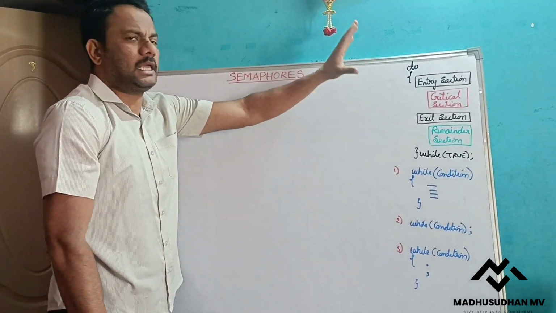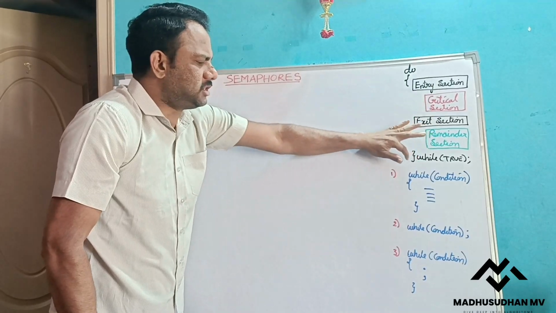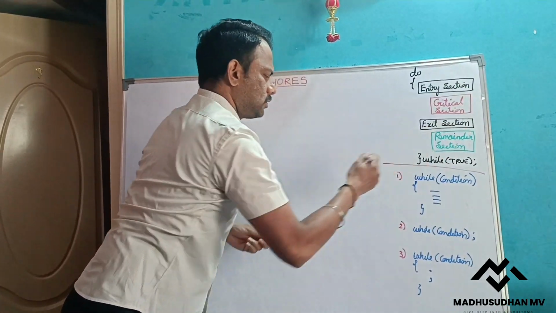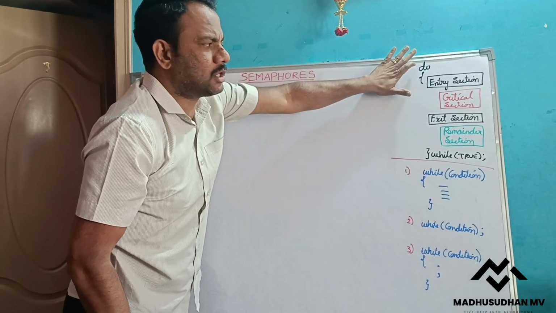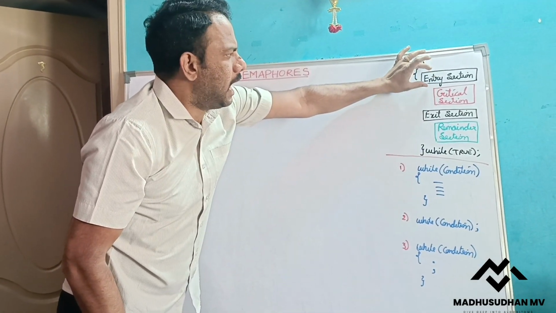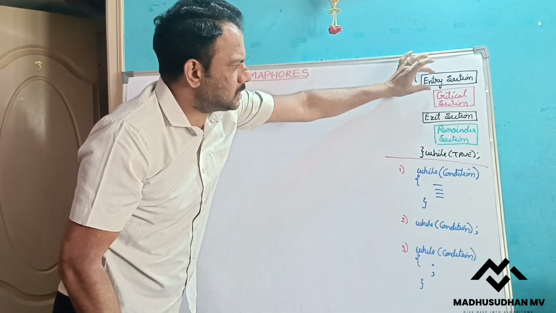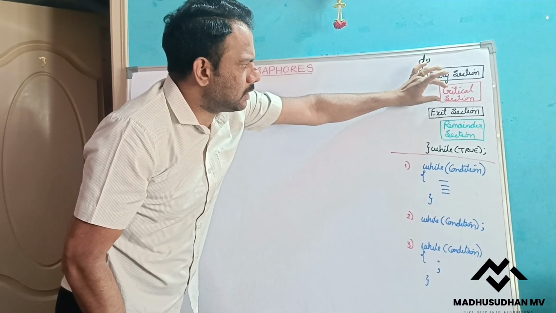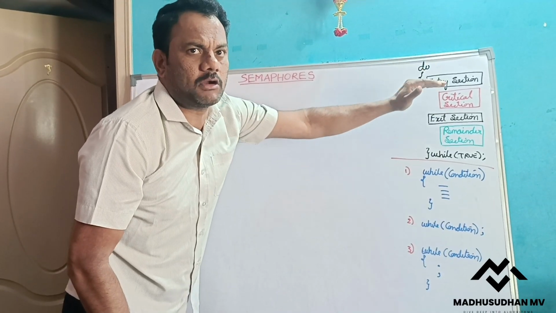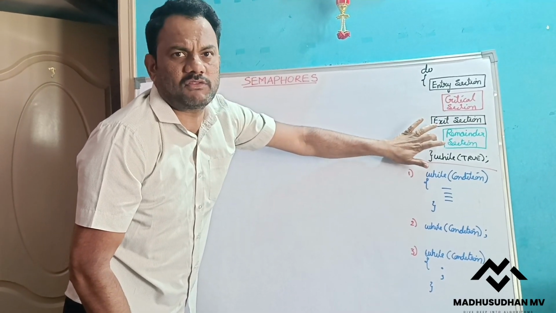So generally any cooperative process has this structure. Any process that wants to enter into the critical section first has to check in the entry section, and if the critical section is free, it should be allowed. After doing the critical section, it has to come to the exit section, indicating that I am coming out of the critical section, and then the remainder section.